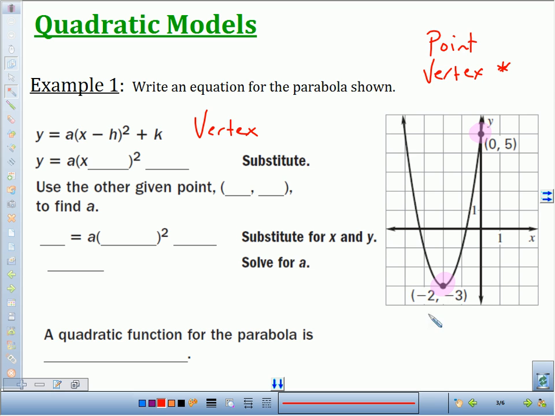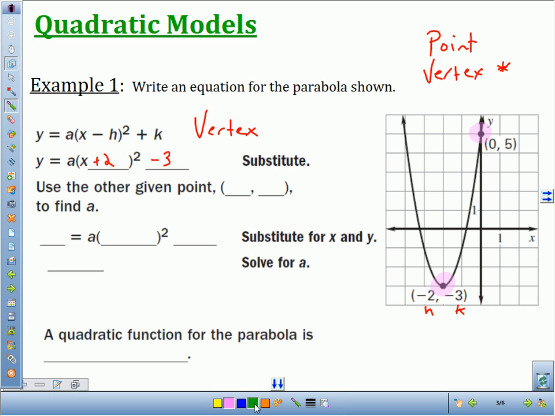So right now, the point (h, k) is (-2, -3). Since h always changes its sign, we get x plus 2, not x minus 2. k doesn't change its sign. It will just stay -3. So our first step then is to substitute in our vertex points.